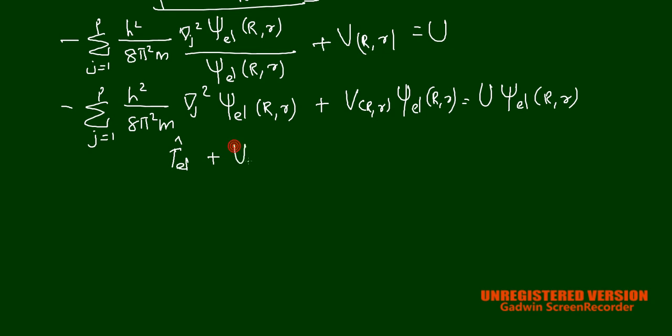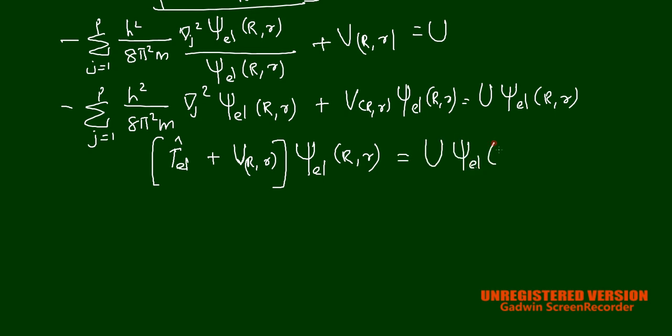V R R. This is not U, V. Okay, V R R. Then these two operators operate over the function psi electronic R R is equal to U into psi electronic R R, right?